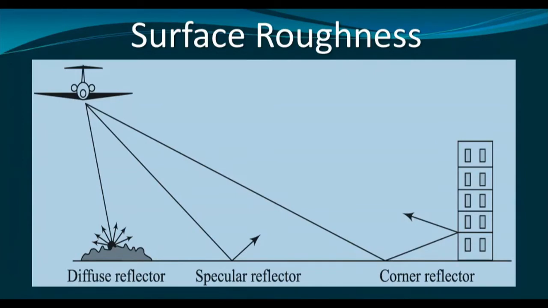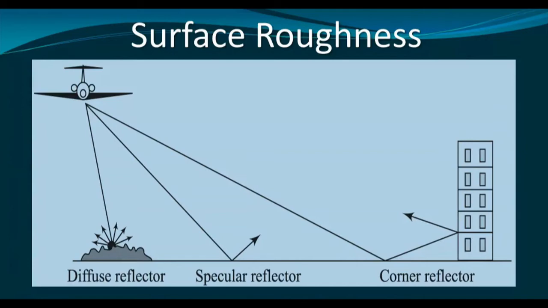And in case of specular reflection, I mean, if the surface is smooth, we say this is directional reflectance, because most of the energy will be directed in a single direction rather than in all possible directions as it was in the case of the diffuse reflector.